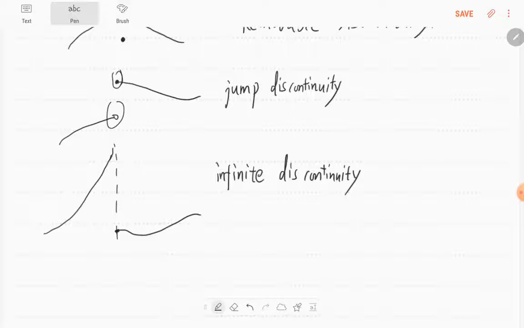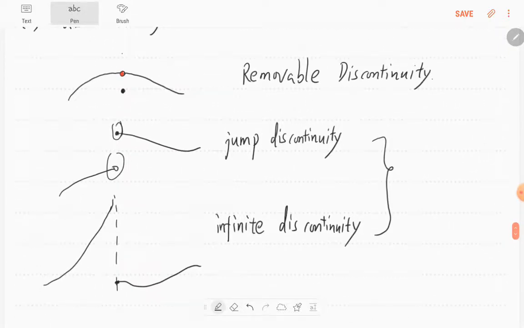For both jump discontinuity and infinite discontinuity, you cannot just fill in some point to make it continuous. Compared to the first one, where you can make the discontinuous function continuous just by redefining the value at this hollow circle, for these two you cannot, so they are given the name non-removable discontinuity.